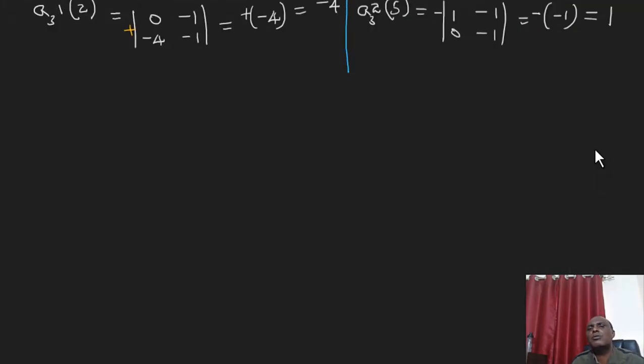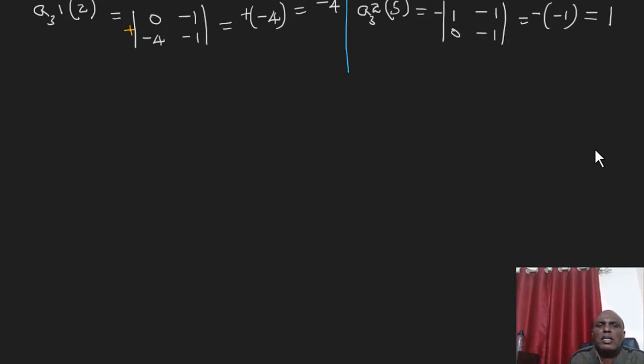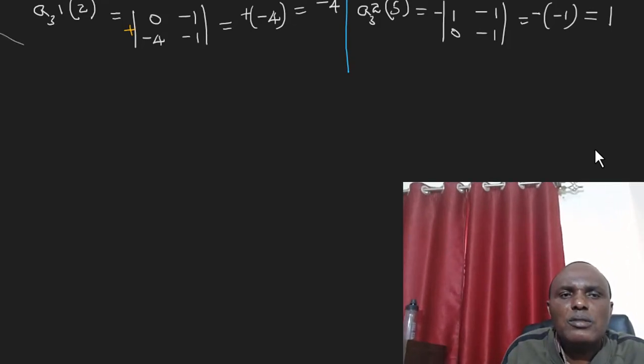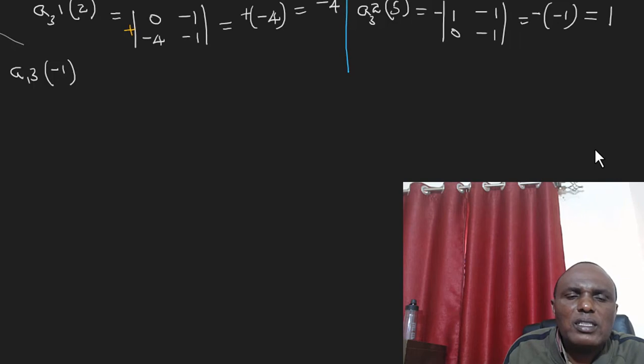Now the element that we want to get its cofactor is the element in the first row, that is A1, in the third column, and that element is negative 1. For the cofactor of this element, we remove the other elements touching the same row and the same column with the element negative 1, which leaves 0, negative 4, 2, 5.